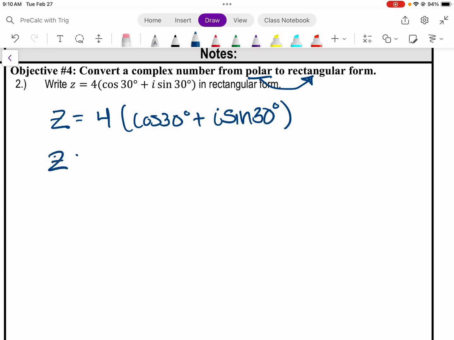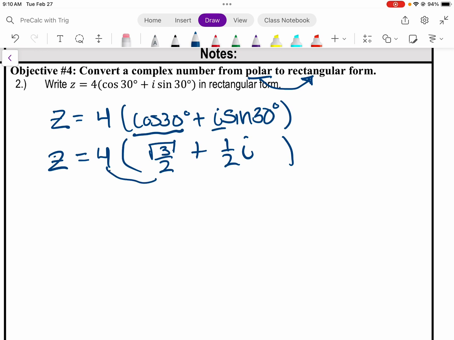This is going to be z is equal to 4 times, well, what is cosine of 30? Cosine of 30 is just radical 3 over 2. Right? Remember your unit circle, first quadrant, plus sine of 30 is just 1/2. Now, don't forget the i. So we're going to have 1/2 i. And then once you do that, you've got one last step, which is just to distribute the 4.